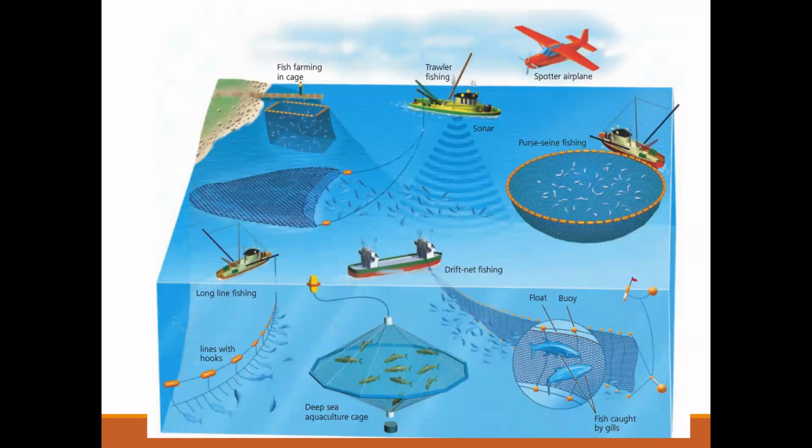So this is kind of an elementary slide, but I keep it in here because it shows the different ways in which we are currently getting fish. So there's the trawling, there's sonar, there's drift net fishing, there's long line fishing, and then there's a few different ocean fish farming, and we'll look at land fish farming as well.